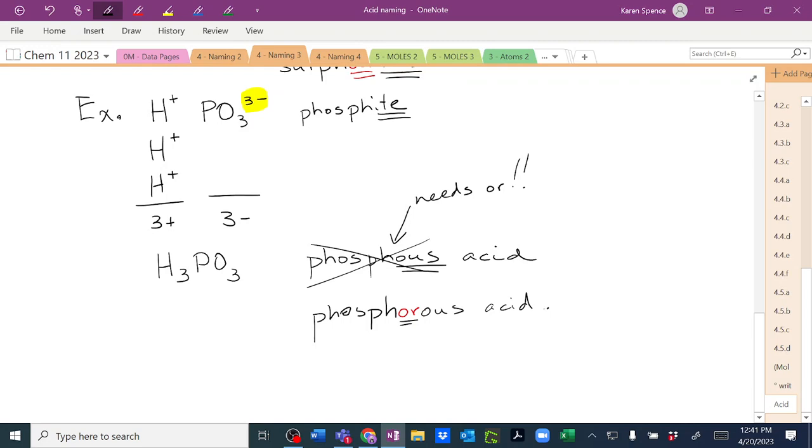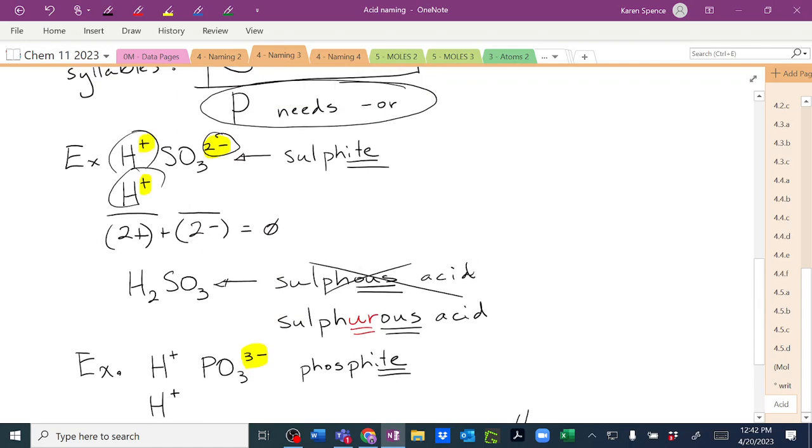Those are the only two that are weird though, the sulfur and the phosphorus-based ions, okay? And that's going to apply for your ite ions, your ate ions, and your ide ions. If they are sulfur or phosphorus-based, they will have that extra syllable, ur for sulfur and or for phosphorus, okay?